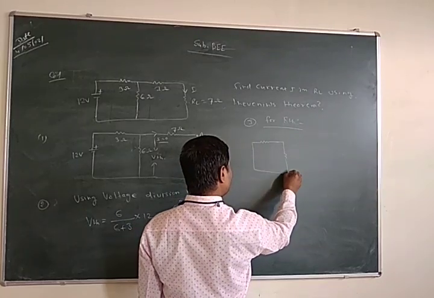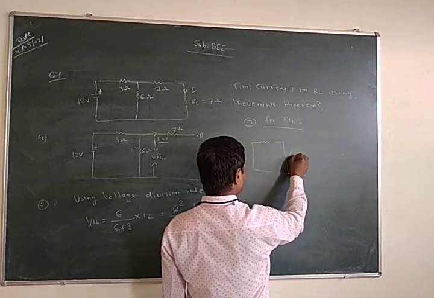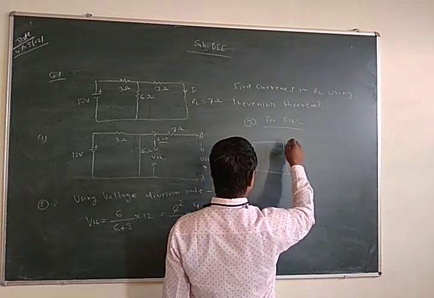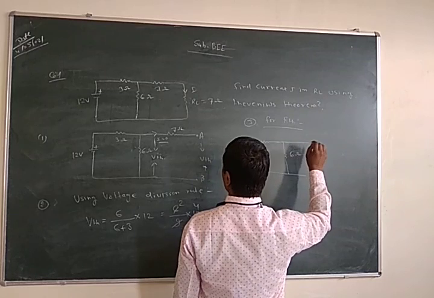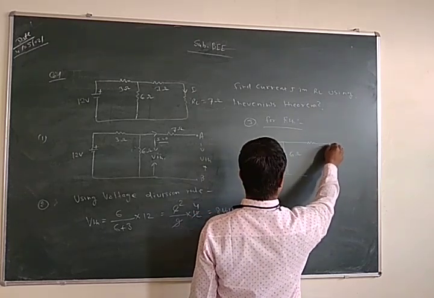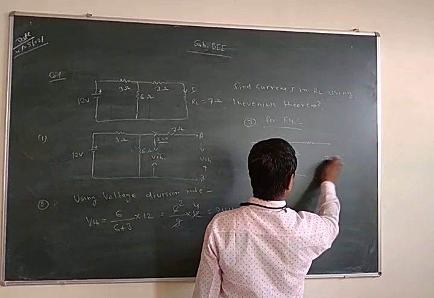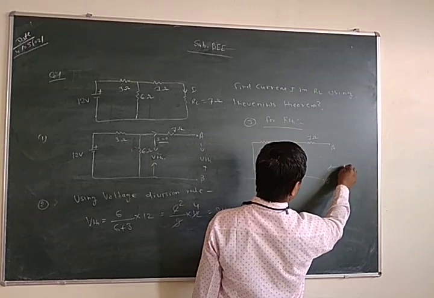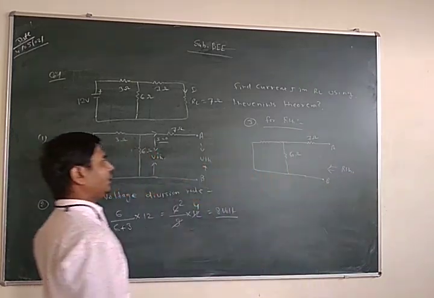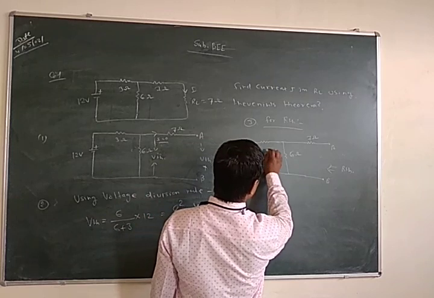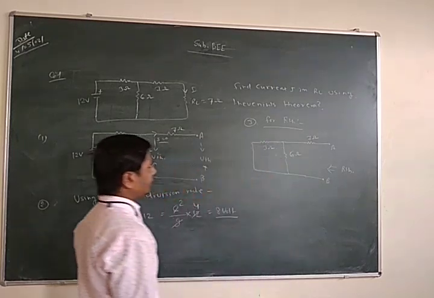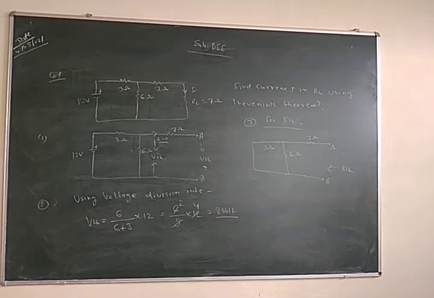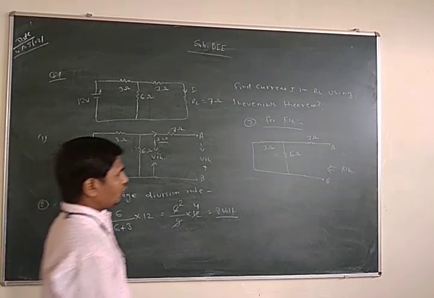So the simplified circuit is 3 ohm, 6 ohm and 7 ohm across AB terminals. Now we calculate RTH.